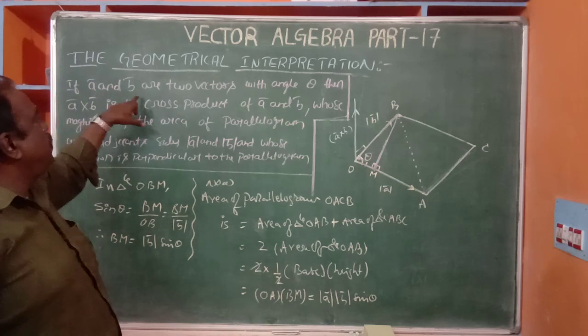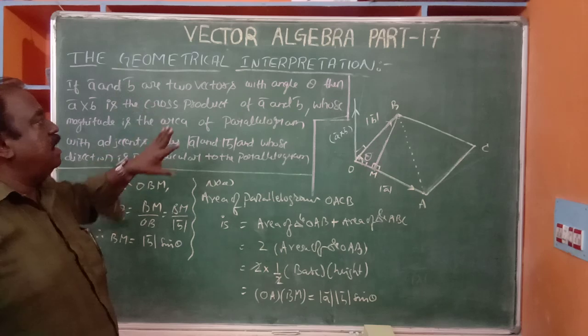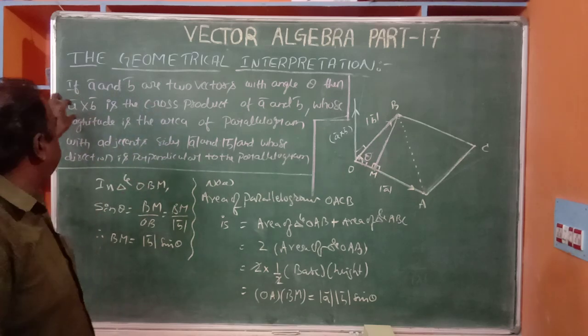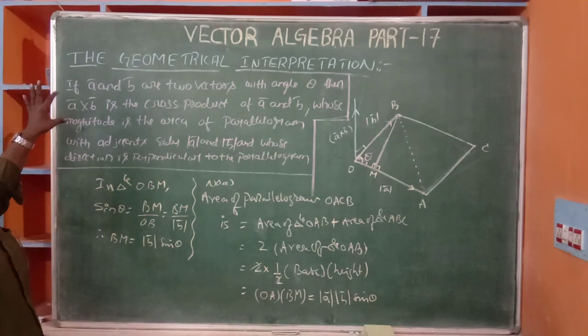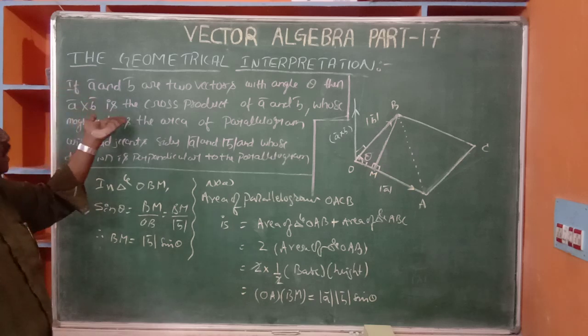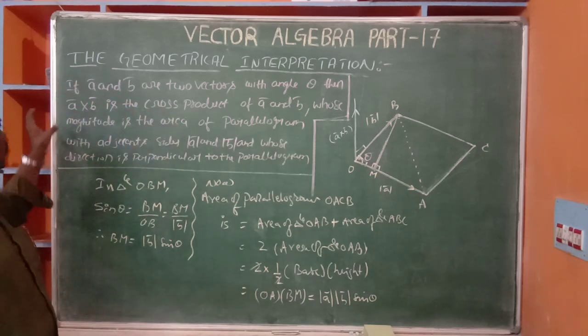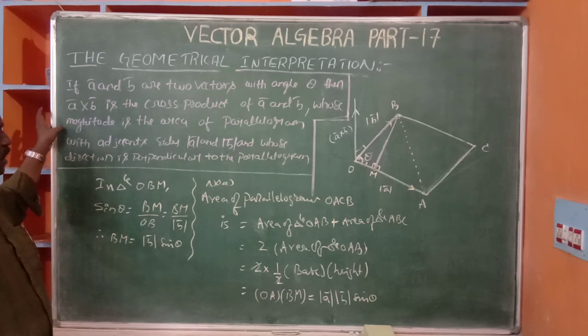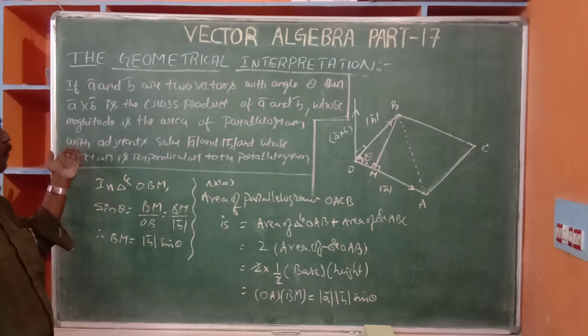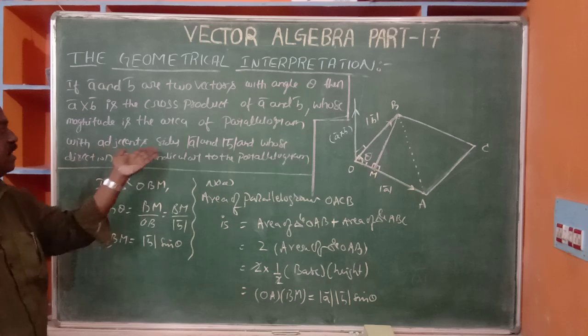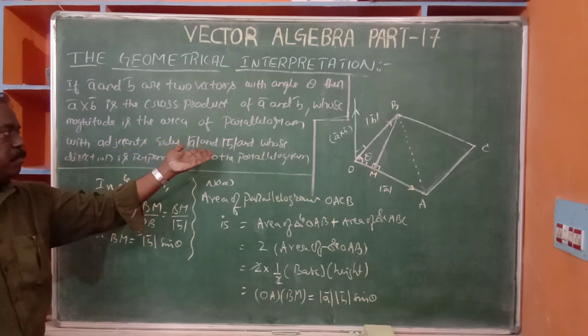If A bar and B bar are two vectors with angle theta, then A bar cross B bar is the cross product of A bar and B bar, whose magnitude is the area of the parallelogram whose adjacent sides are mod A bar, mod B bar.